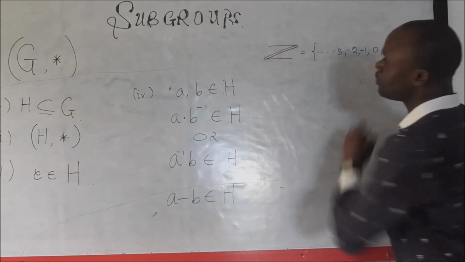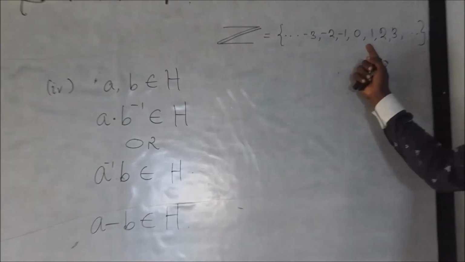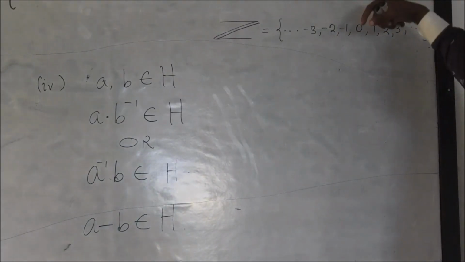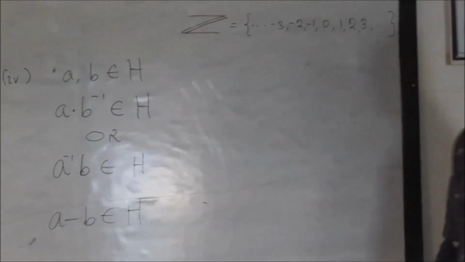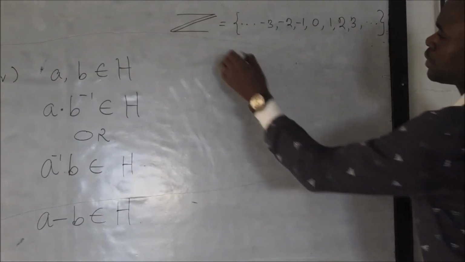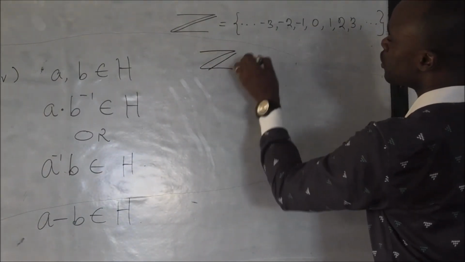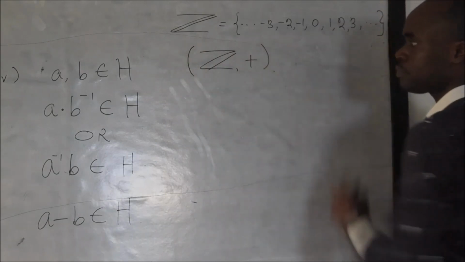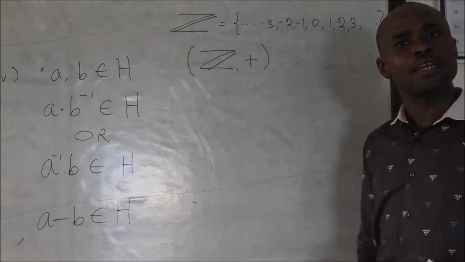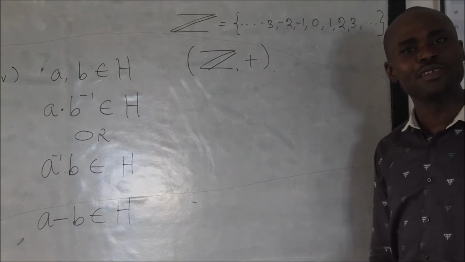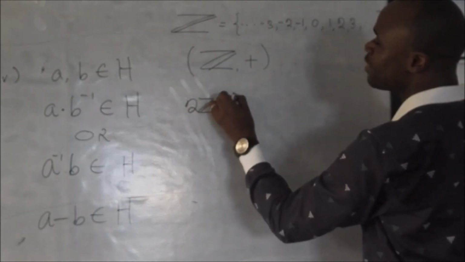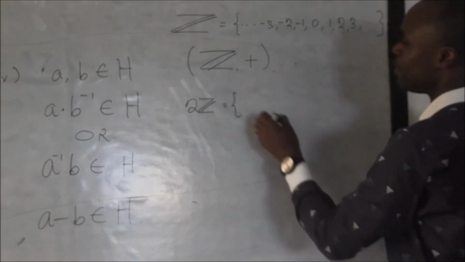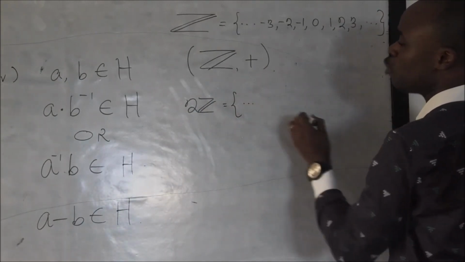That is the group Z. This is a set, but under addition, this becomes a group. But if I want to pick a subgroup from here, all I need to do is to multiply this by 2. Once I multiply this by 2, I'm going to be having a group of even numbers.